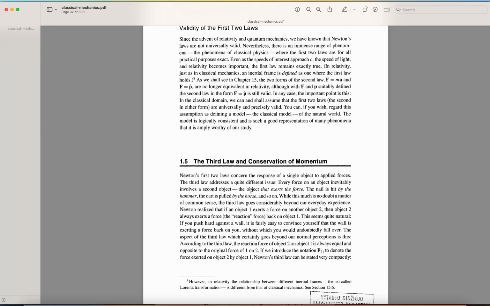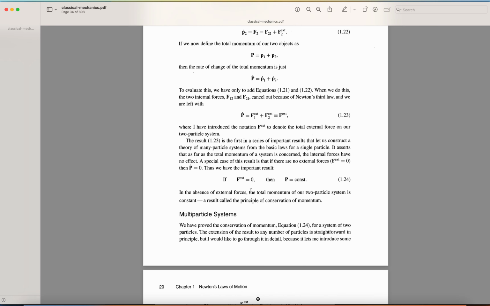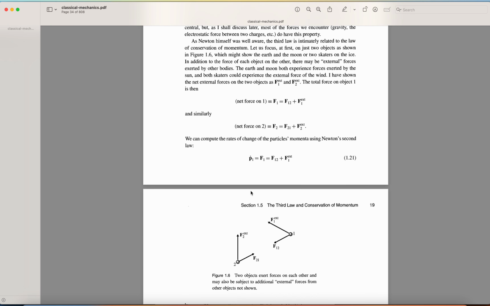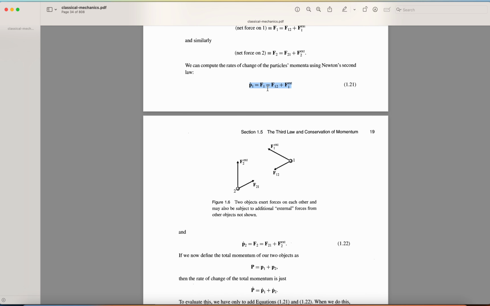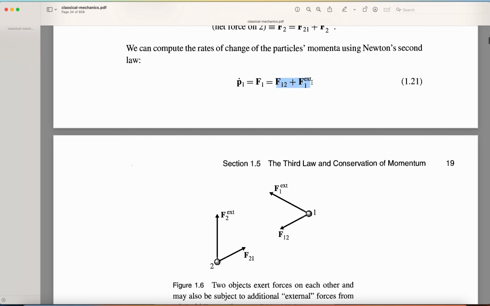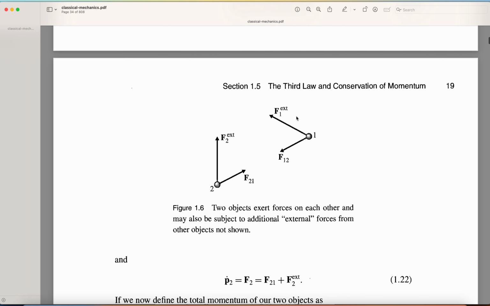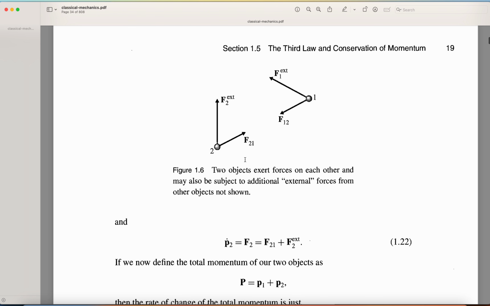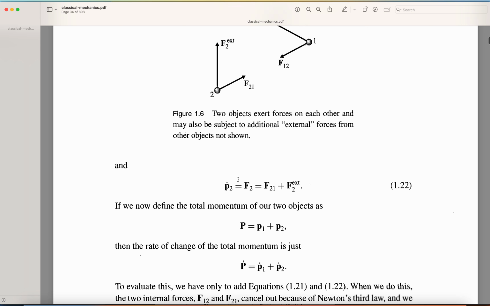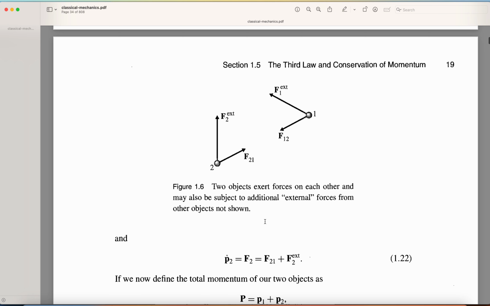That's sort of how it is. So you get that the derivative of momentum is computed according to this. That makes sense. So these two objects exert forces on each other, but they also are pulled by some external force, looks like towards a common area.